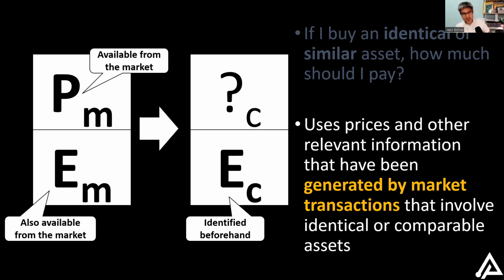Kasi nga, kung meron kang market information about the asset per se, use it directly. Pero kung wala kang available information, you can use most recent market transactions as a proxy to project and estimate this particular asset's fair value.